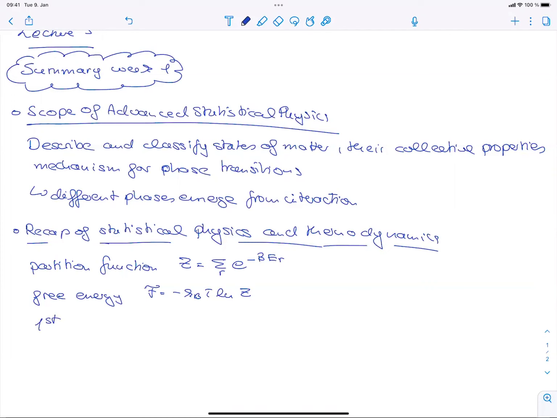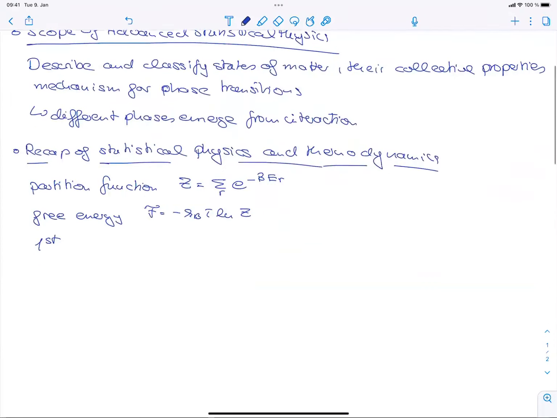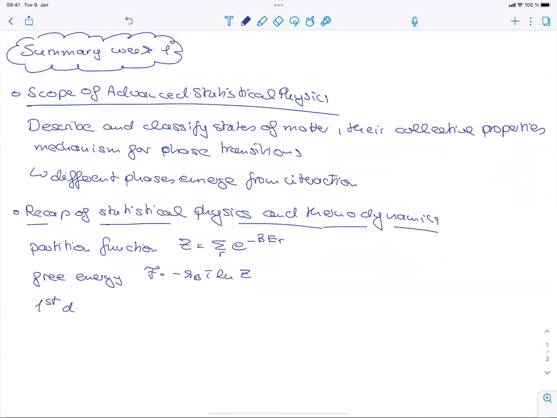And then from the free energy, we can derive all observables, for example, the magnetization of a system. So that would be a first order derivative of the free energy with respect to the field H. And I can also define second order derivatives of the free energy, like the specific heats, where X now stands for whatever property can be held constant.